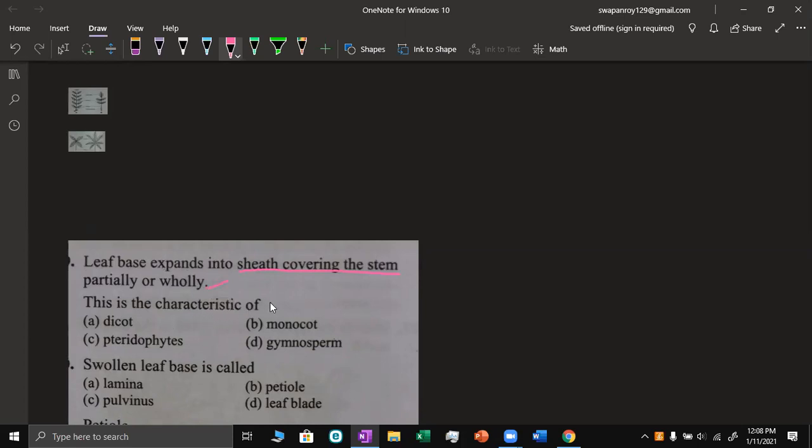This is a characteristic of dicot, monocot, pteridophyte, gymnosperms. Monocot, sir. Yes, it is in the monocot, particularly in grasses, where the leaf sheaths are found.